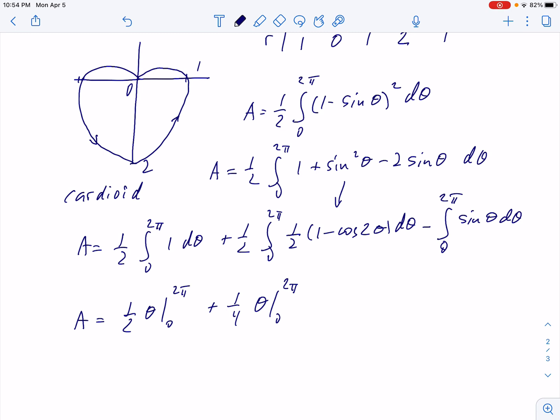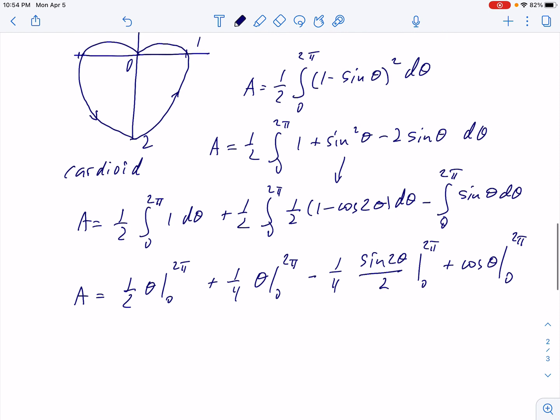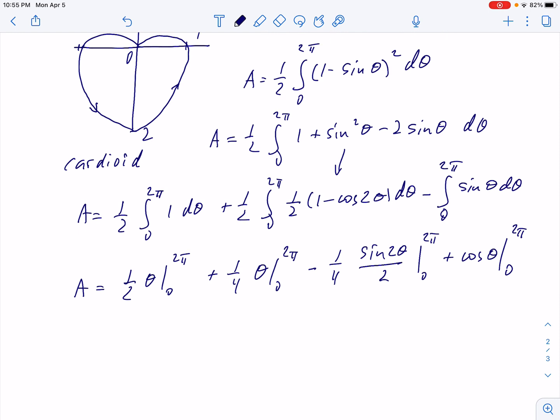This will give, it will be minus 1/4 sine 2 theta over 2. 1/2 in front, 1/2 from the formula, and another 1/2 from the integration. And this between 0 and 2 pi. And then we have plus cosine theta between 0 and 2 pi, integrating the sine, adjusting for the negative sign.